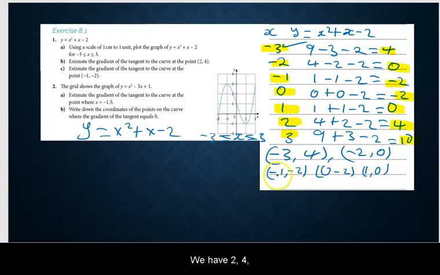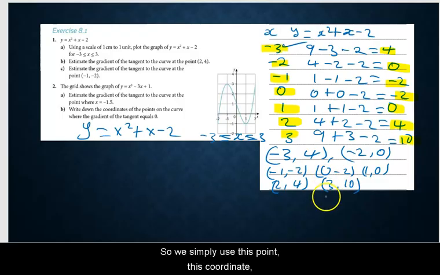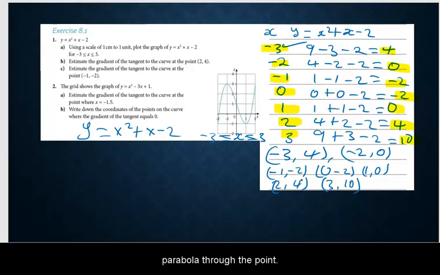We have 2, 4. We have 3, 10. So we simply use these coordinates to sketch a smooth U shape, which is going to be a parabola through the points. Let's try to do that.